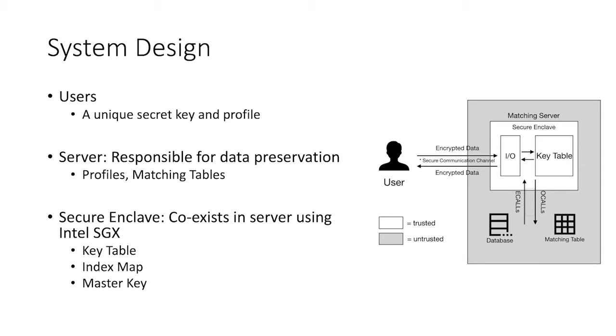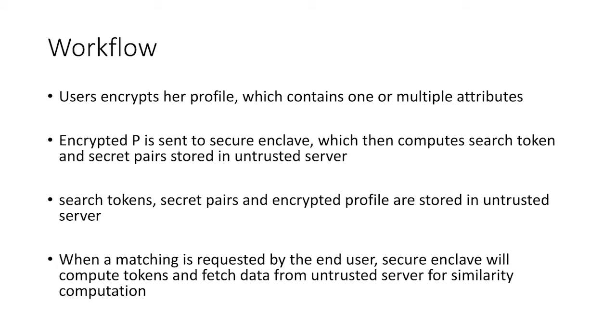So to start with, we first give an overview as to how the protocol works. Each user will have a profile that describes the user's preferences such as gender, age, interests, and so on. Each attribute is encrypted with the user's secret key before it is sent to the secure enclave via a secure communication channel.